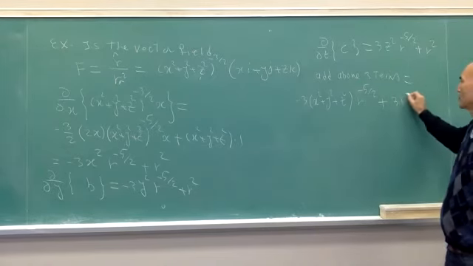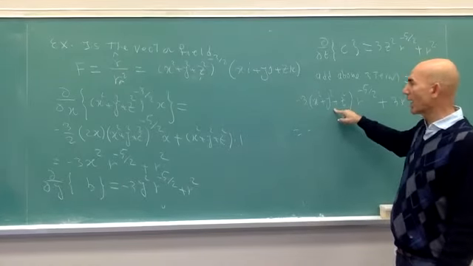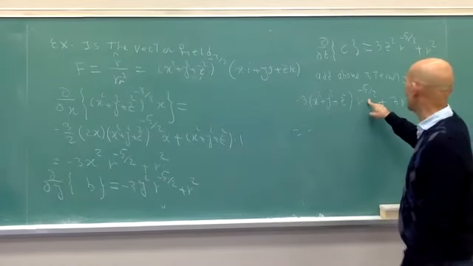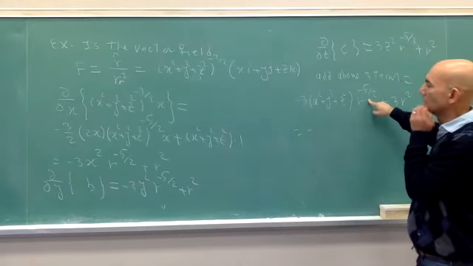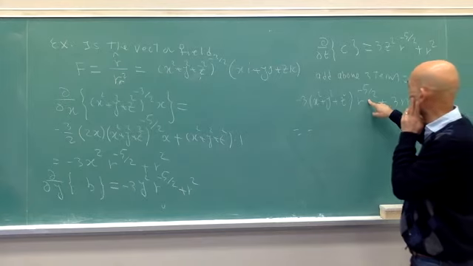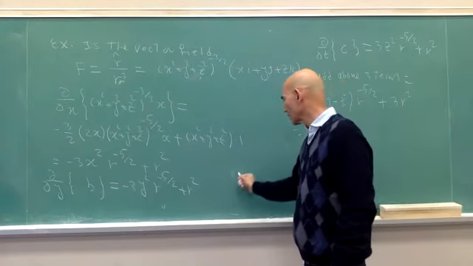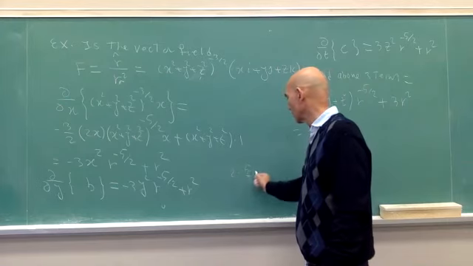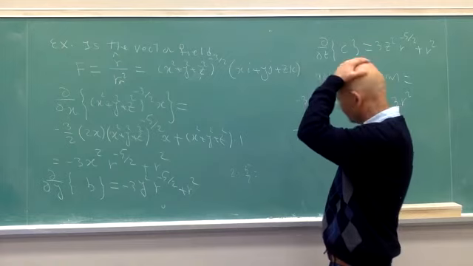So what is that? Well, this is r squared. What did I do wrong here? No, this is minus, so the exponent is minus 5 over 2. Okay.